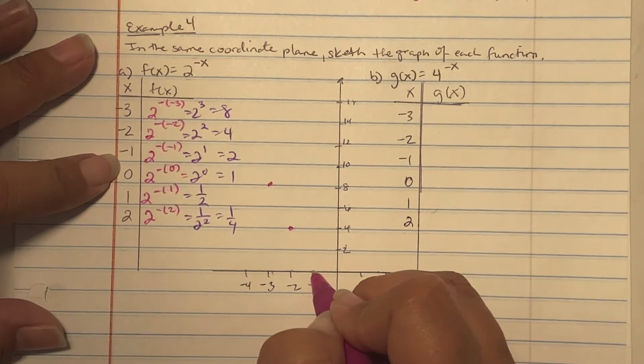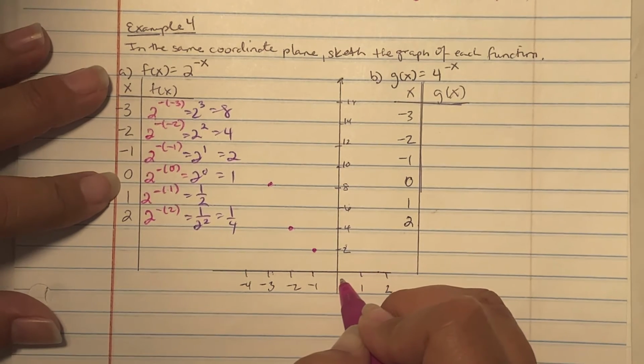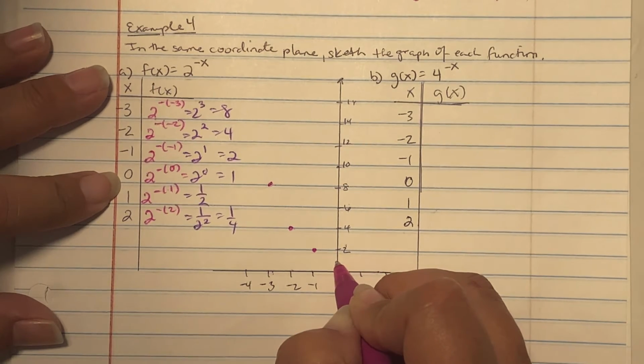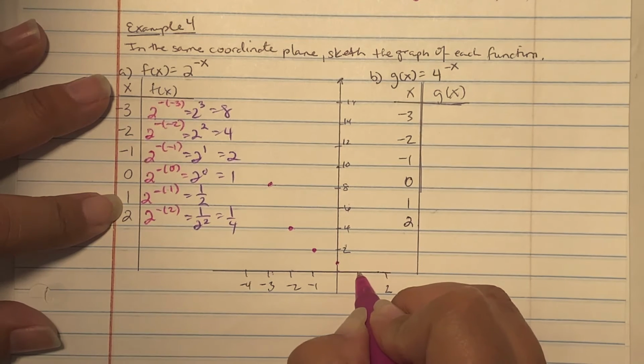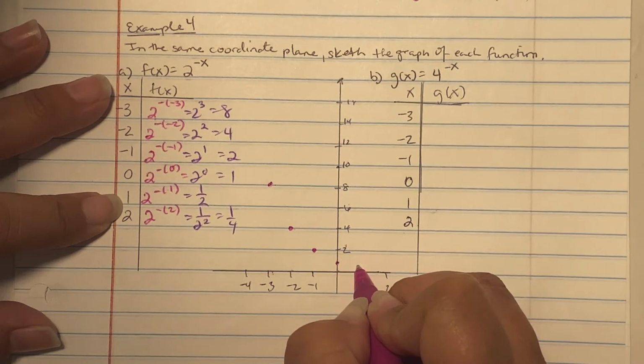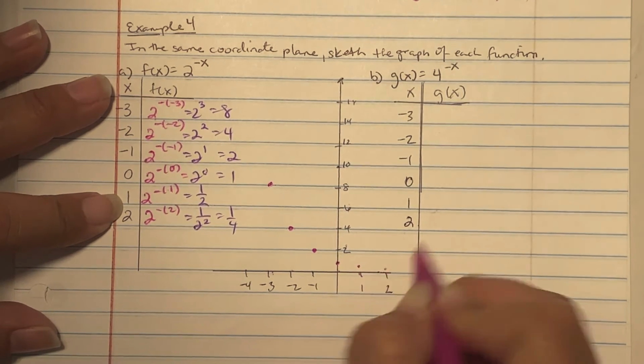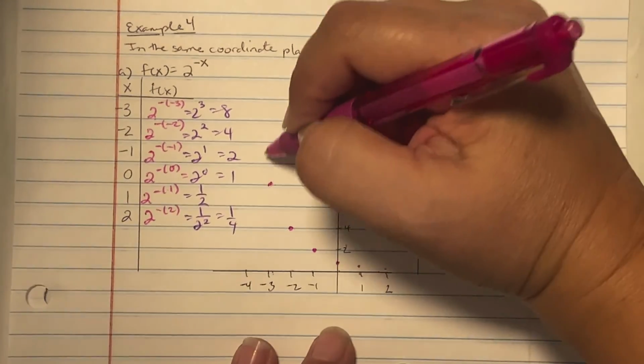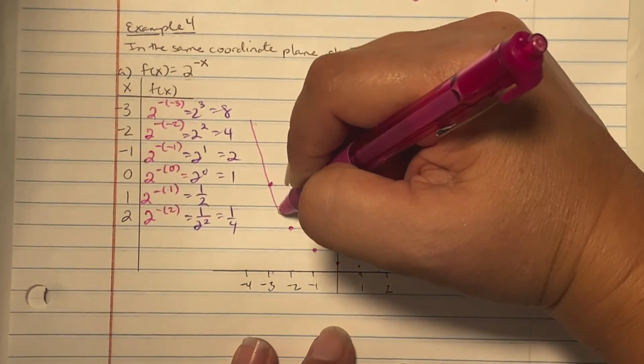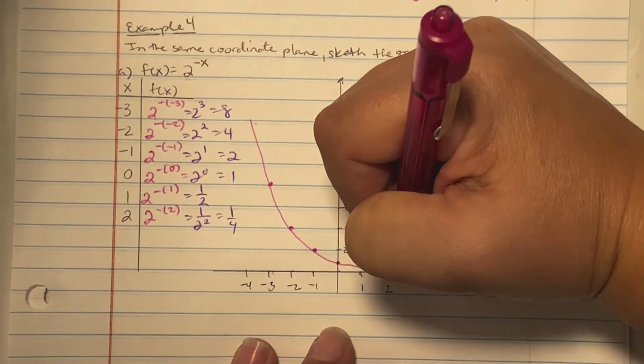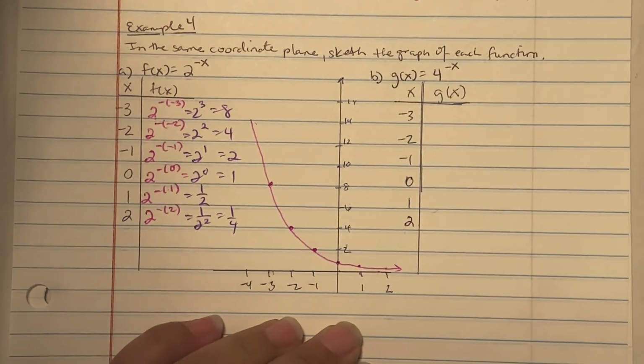When it's 0, we're at the 1 mark. When it's 1, we're at the halfway mark. And then at 2, at the 1/4 mark. So we are approaching the x-axis.